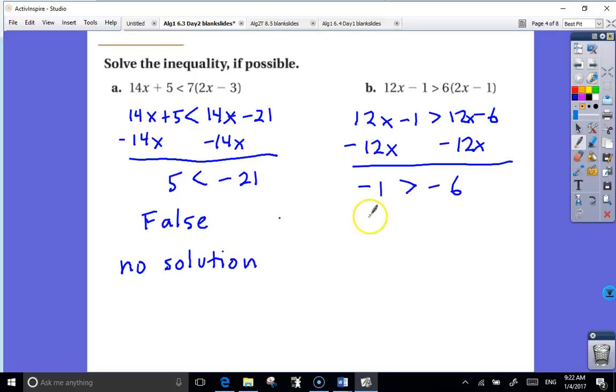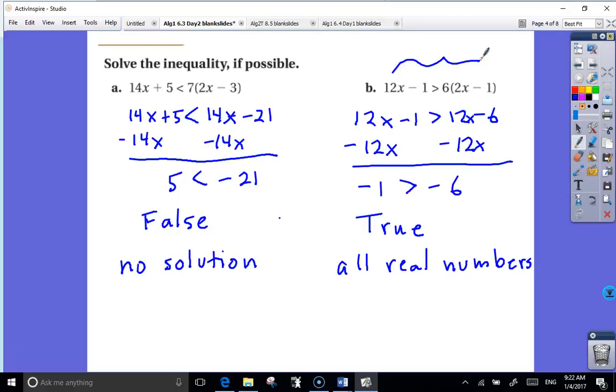And it's true. And what does that mean? The solution is all real numbers. You can plug in any value that you would have plugged in up here and it would have satisfied this. Nothing you could have plugged in would make it not true. So those are the two possibilities. You can get no solution if the statement is false, all real numbers if the statement is true.